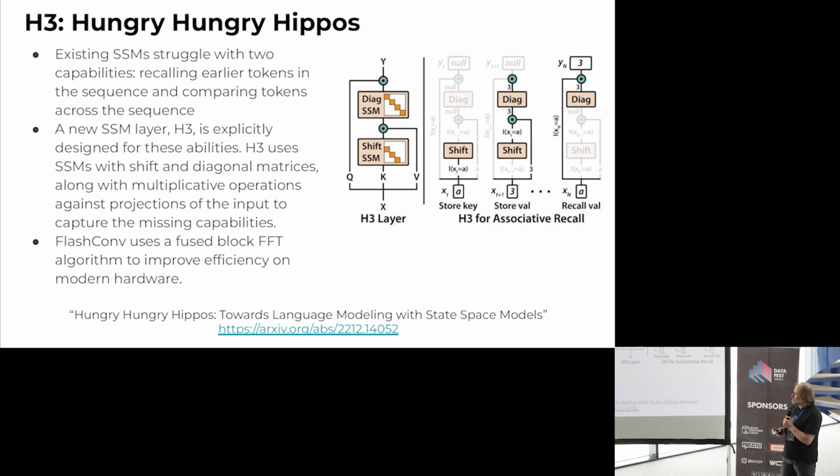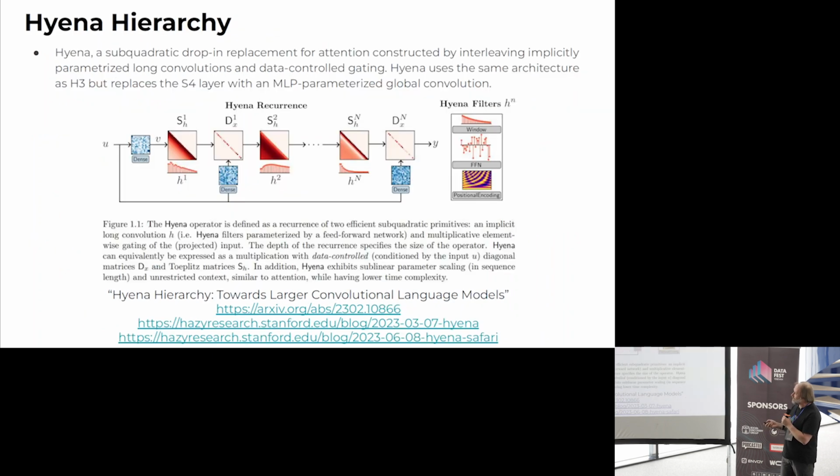H3, you can treat it as an updated Mamba or updated S4. The idea was that S4 worked well on some continuous domain tasks, but was not really good at language modeling. And in this paper, they proposed some adjustments to take steps towards language modeling and potentially GPT-like models. And again, it was better by benchmarks.